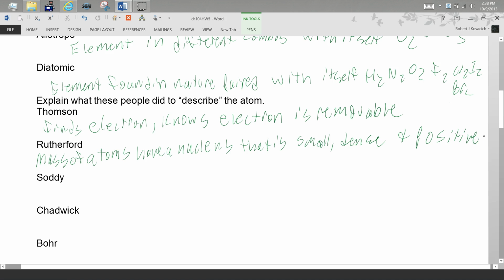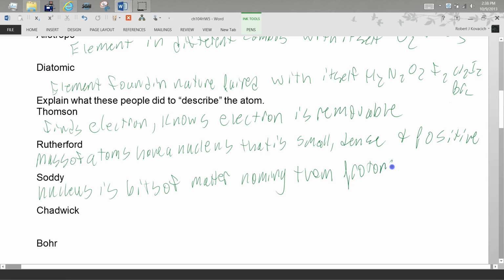Yeah, he figured out that the nucleus consists of protons. When Thomson and Rutherford realized that there was a nucleus, they only knew that it was positive.